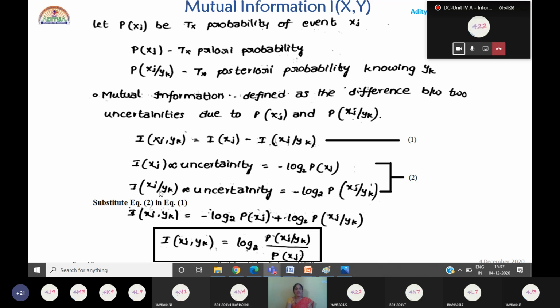So I of xj by yk is proportional to uncertainty and it is equal to minus log the corresponding probability, which is p of xj by yk base 2. So consider the definition as equation 1 and the two uncertainties as equation 2.